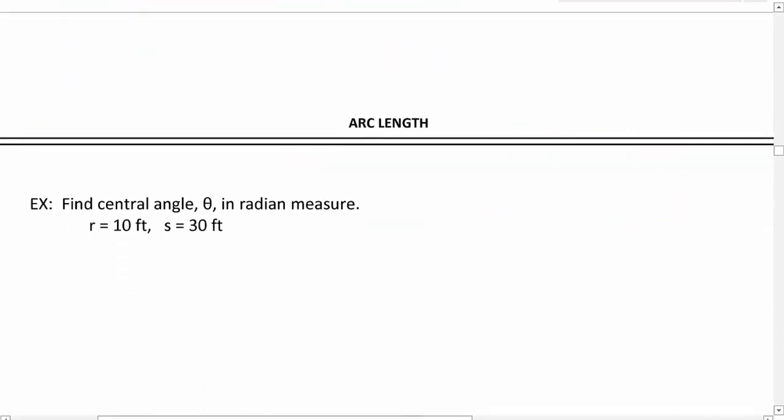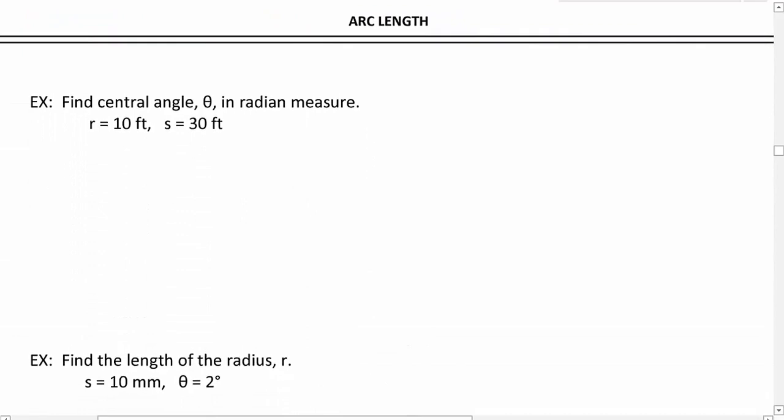In these last two examples, we've found the arc length, but we can use our arc length formula to find things other than s. So in this next example, we want to find the central angle theta in radian measure, given that the radius is 10 feet and the arc length is 30 feet.